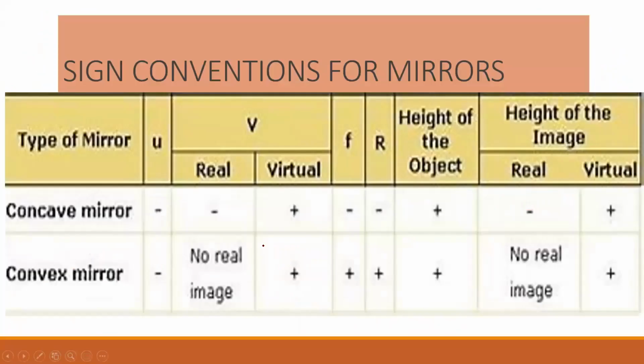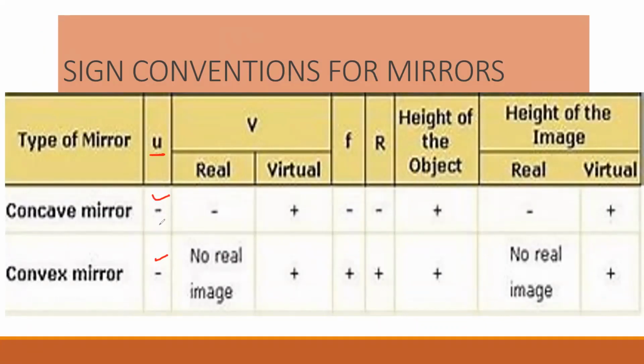If I put all these sign conventions in tabular form, you will find here for concave and convex mirror, object distance U is negative for both. Why?